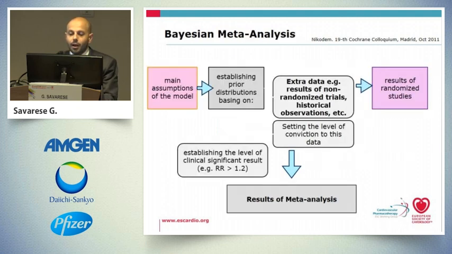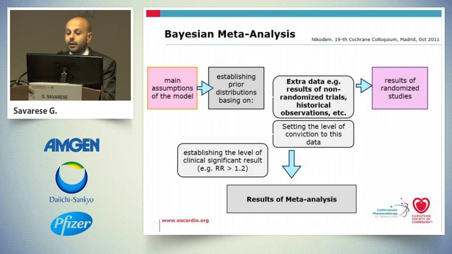a result. But if we consider the Bayesian approach, it's a little bit different, because we select, for example, 10 trials, but then before getting a result, meaning a result got pooling all the studies together, we can include also a priori observations.